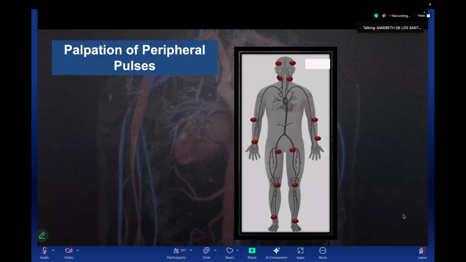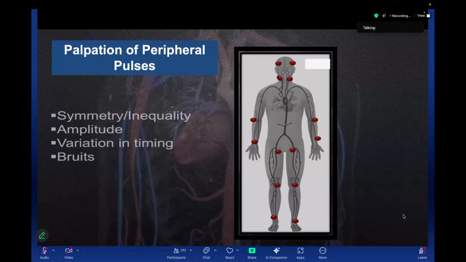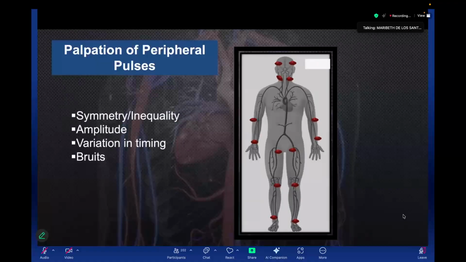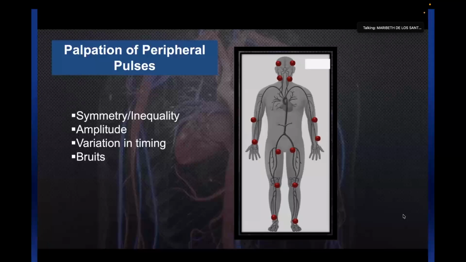For palpation of peripheral pulses, it's very important that we assess the symmetry or inequality of pulses left and right, the presence of bruits, as I mentioned earlier, which may connote narrowing or stenosis of a particular vessel.